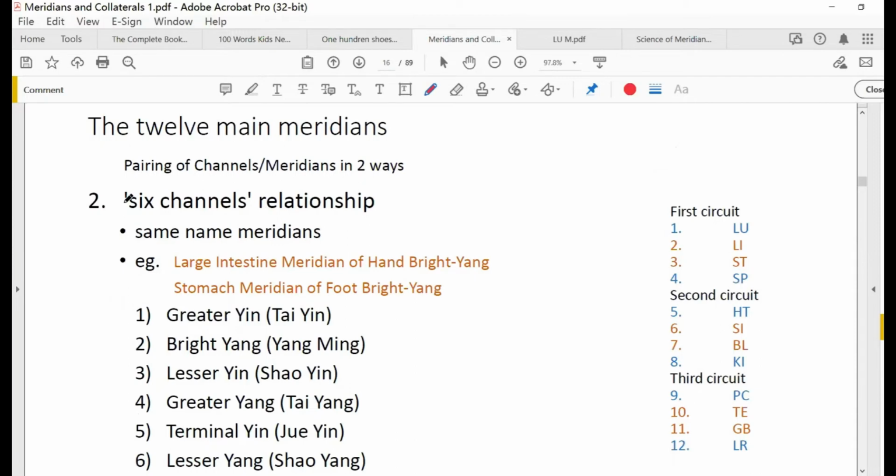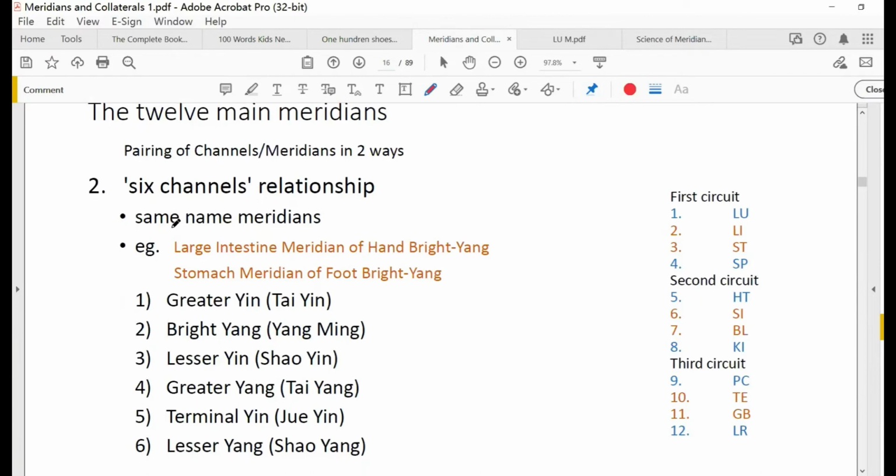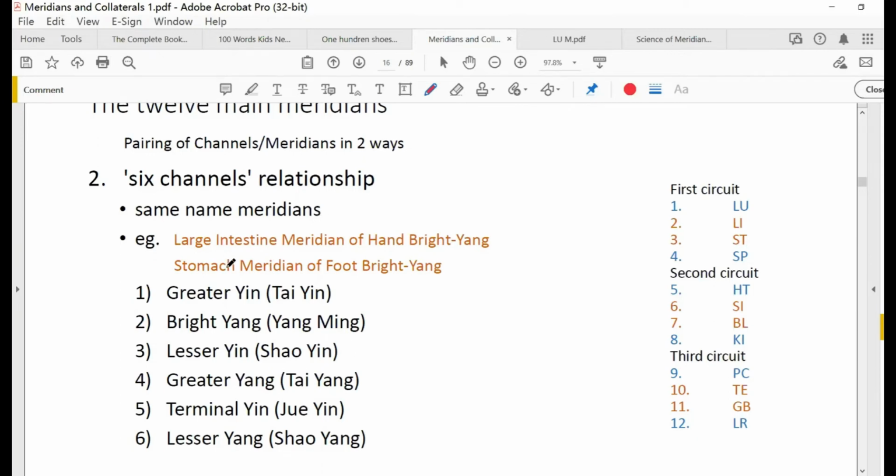The second one is the 6 channels relationship. It means they have the same name meridians. For example, large intestine meridian of hand bright yang and stomach meridian of foot bright yang. The last name, all bright yang.